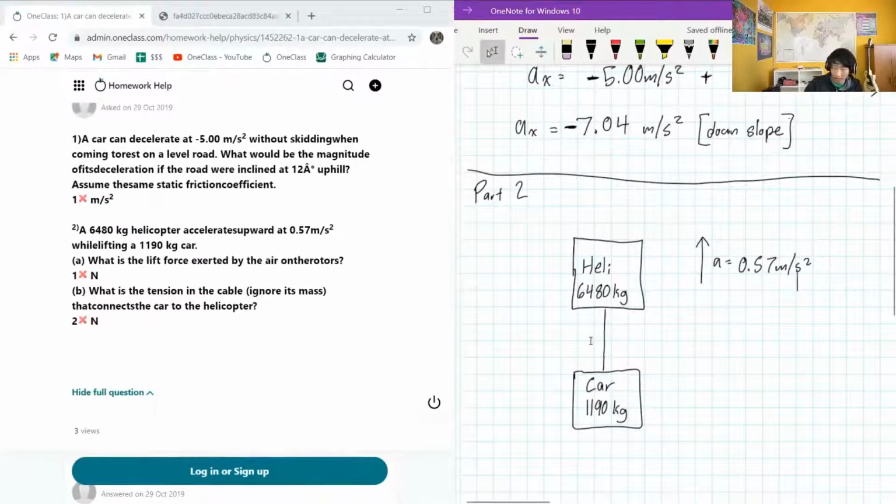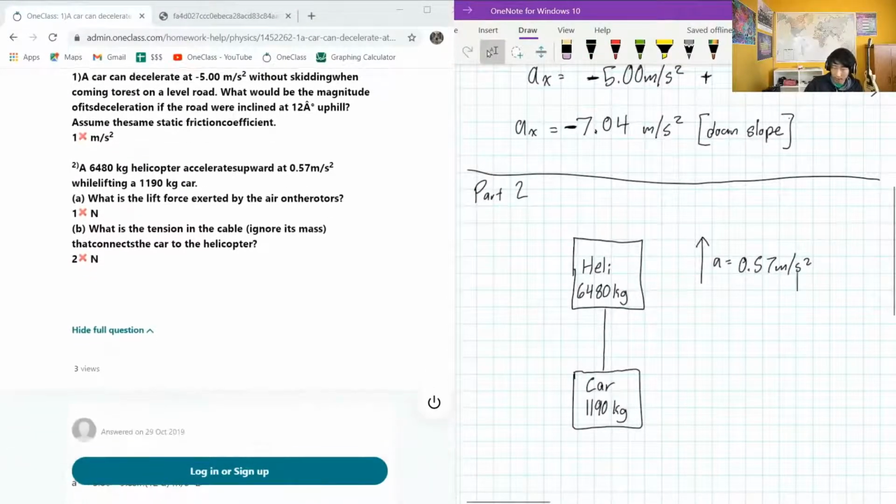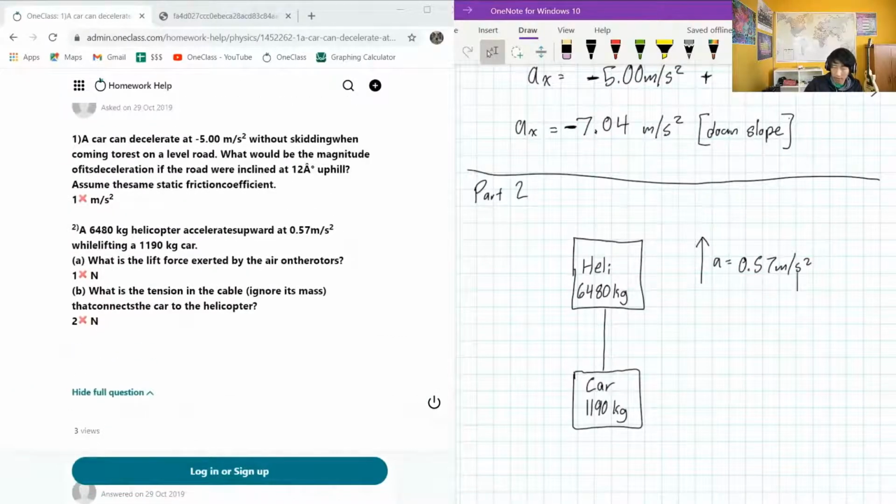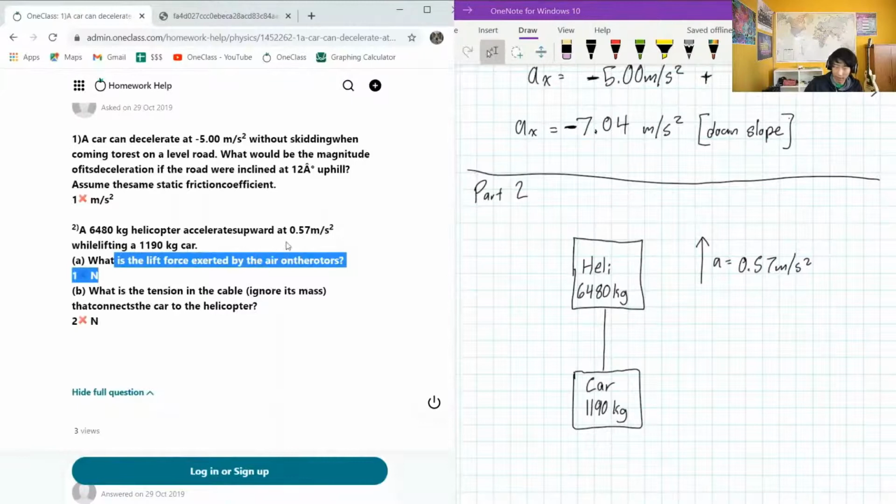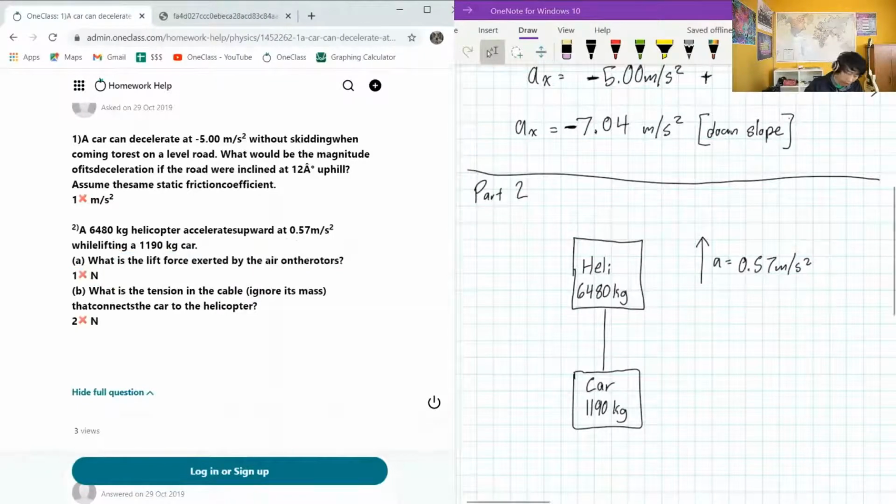So the first part of the second question is: what is the lift force exerted by the air on the rotors? The forces we have here are the rotor force, let's call that FR.